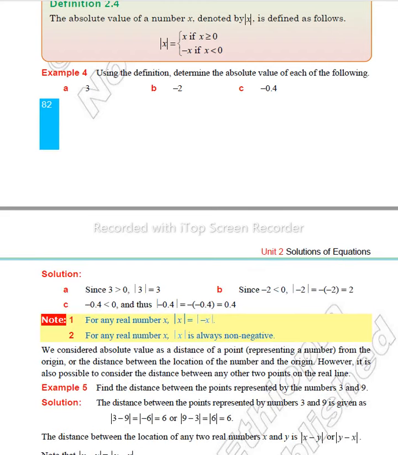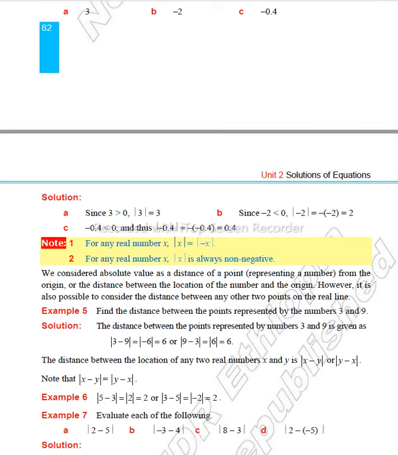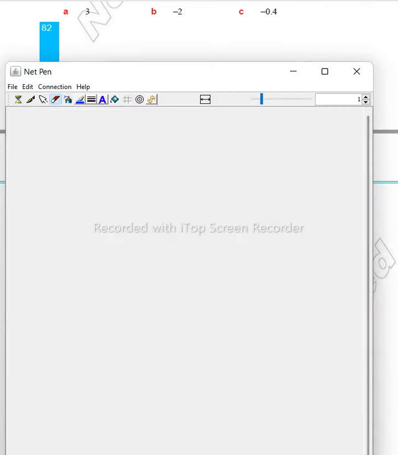We can do this example like this for any real number x: the absolute value of x is equal to the absolute value of minus x. As we said before, the absolute value of minus 4 is equal to the absolute value of 4, so the same is true.